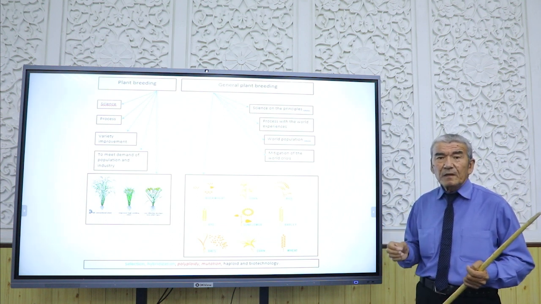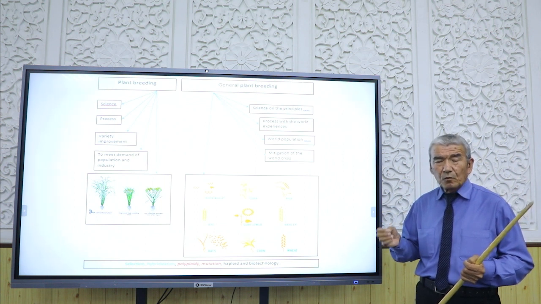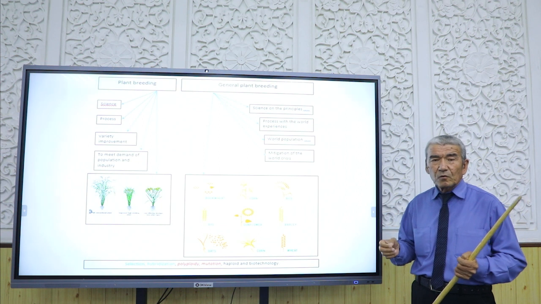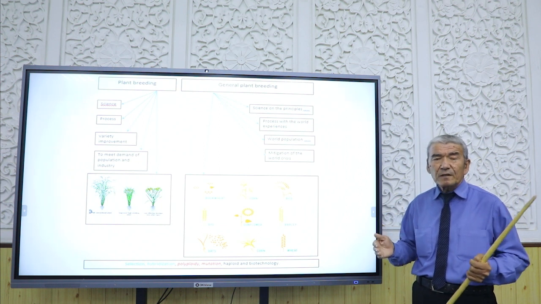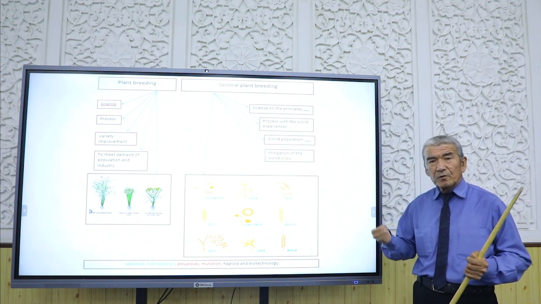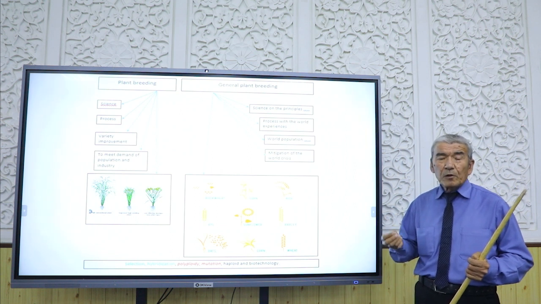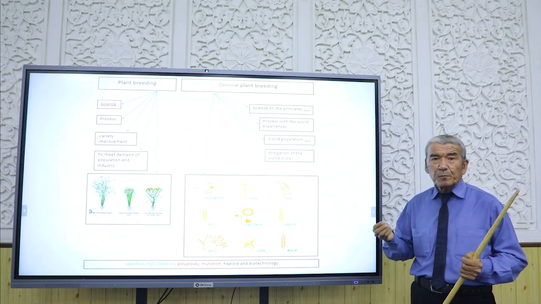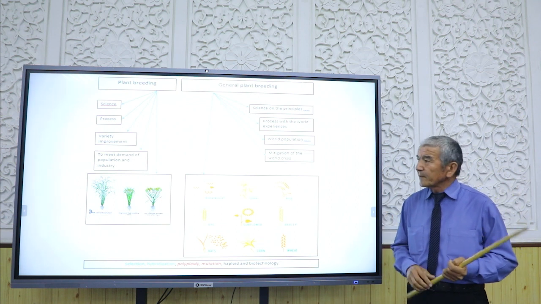This is what all scientists call abnormal division of the cell. This is the main reason for the arising of polyploid forms in the plant world.